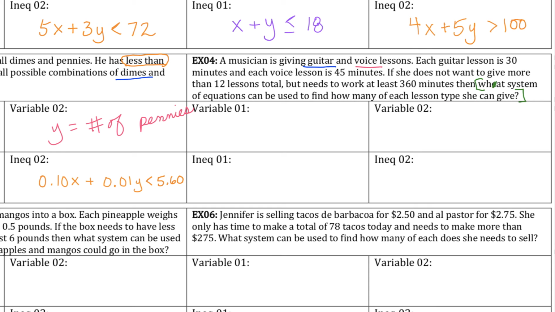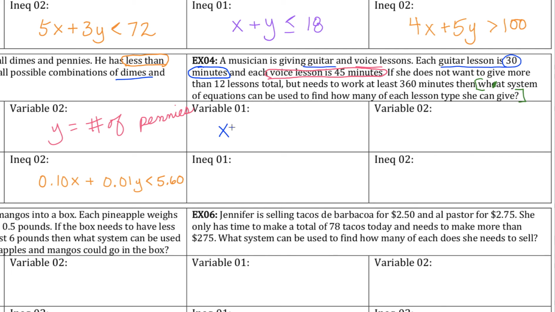Each guitar lesson is 30 minutes, and each voice lesson is 45 minutes. So let's write these out.